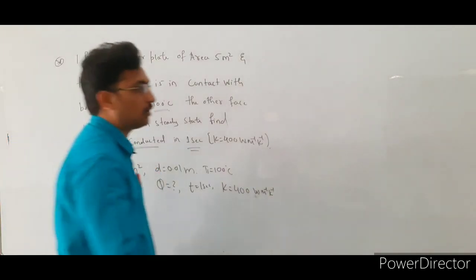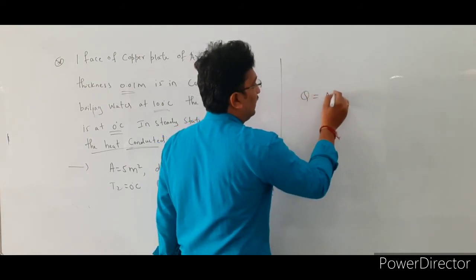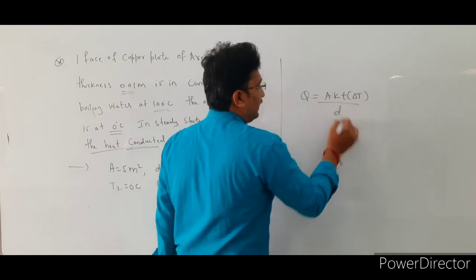Already we know the formula to calculate the amount of heat transferred: Q is equal to K A T, temperature difference, divided by distance.